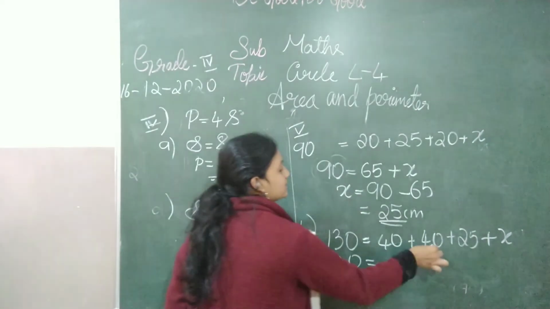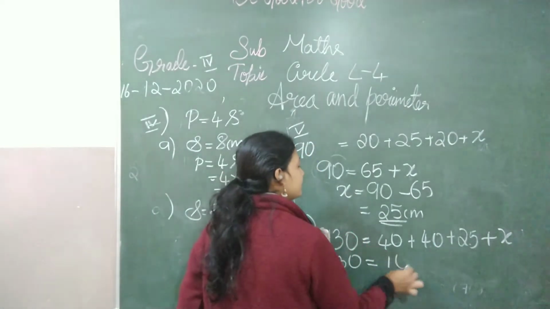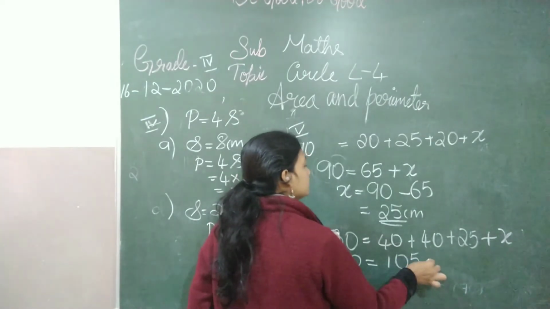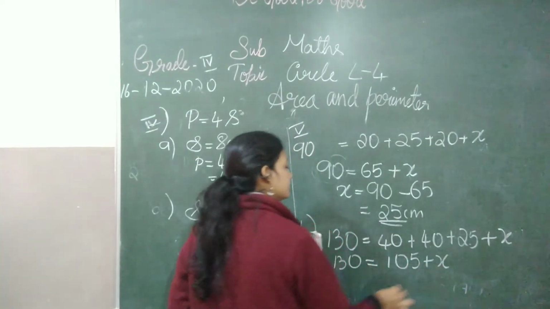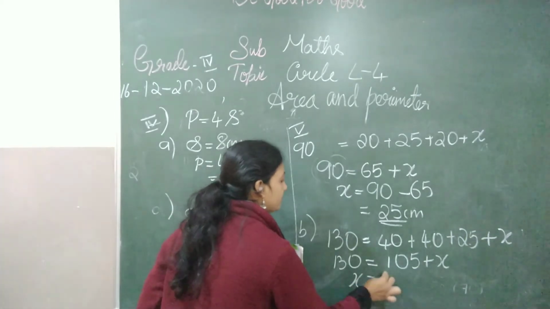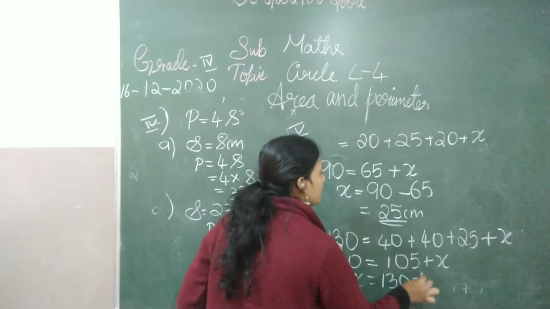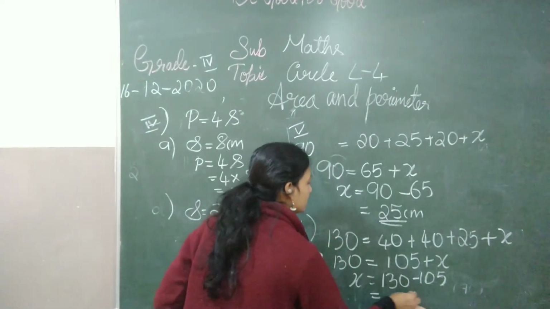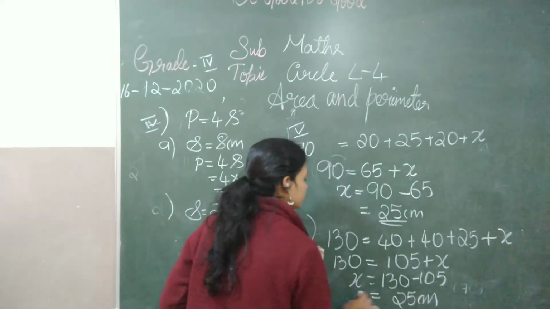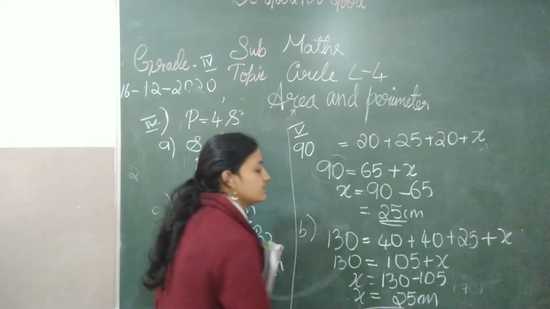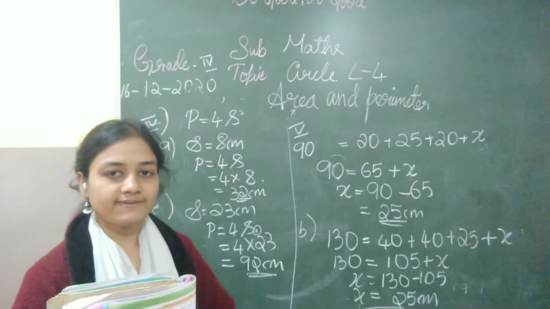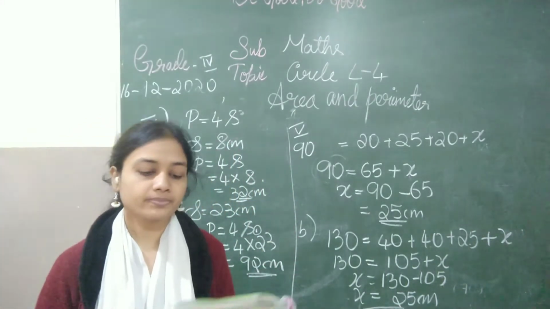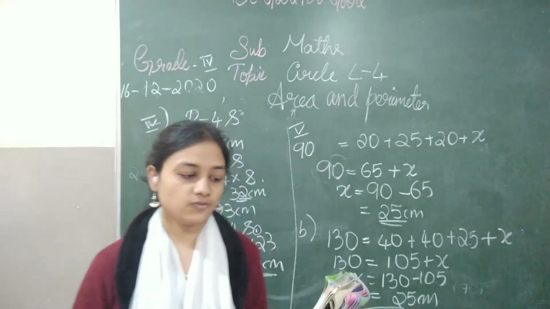I should add all these numbers and I get 105 plus X. To find X, I should subtract 130 and 105. I get the answer, which is equal to 25 centimeters. So the unknown number, the fourth side, is 25 centimeters. You can try the next 4 sums.